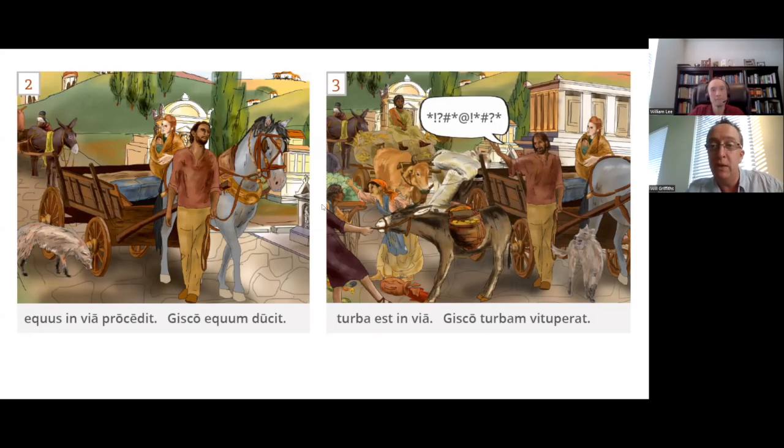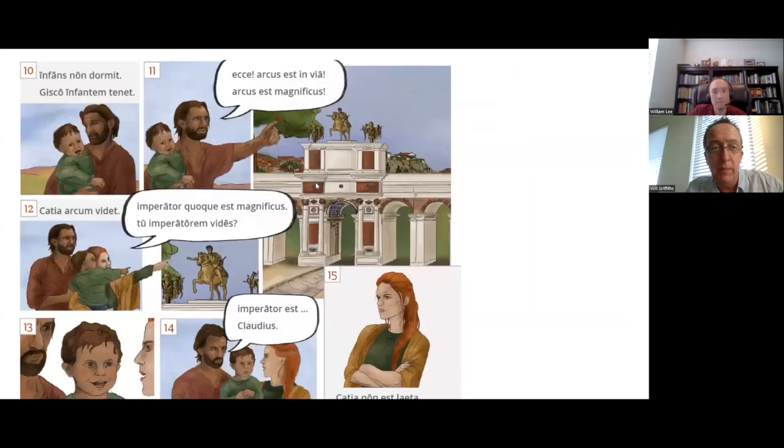What did that mean? When he gets together with Katia, Katia is a Briton coming into Rome, and as they come in, she sees the statue of Claudius over the aqueduct as they're approaching. What's her reaction to that going to be?